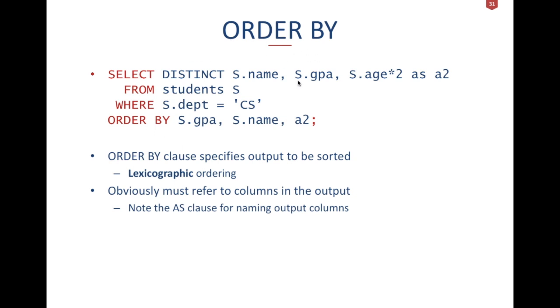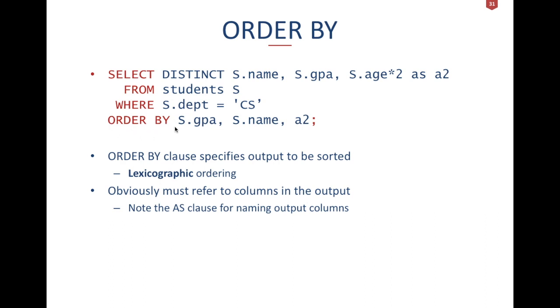Another clause is the order by, so select distinct as well. Here we have an arithmetic expression on the column s.age, in that I'm multiplying it by 2 and I'm renaming it. The as clause is used for renaming. I am renaming it A2. So the select output will give me 3 columns from students, this is the predicate clause, and we can add the order by clause.